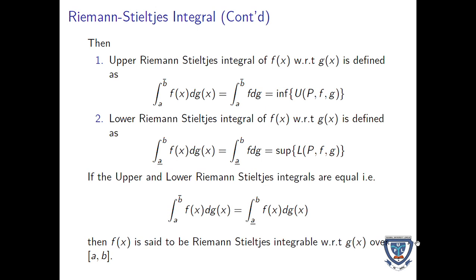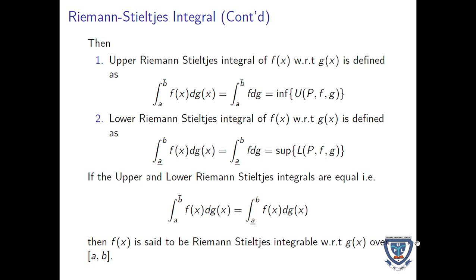The lower Riemann-Stieltjes integral of f of x with respect to g of x is defined as this integral from a to b with an underline, and it is the supremum of the lower Riemann-Stieltjes sums. That supremum is what we call the lower double sum.